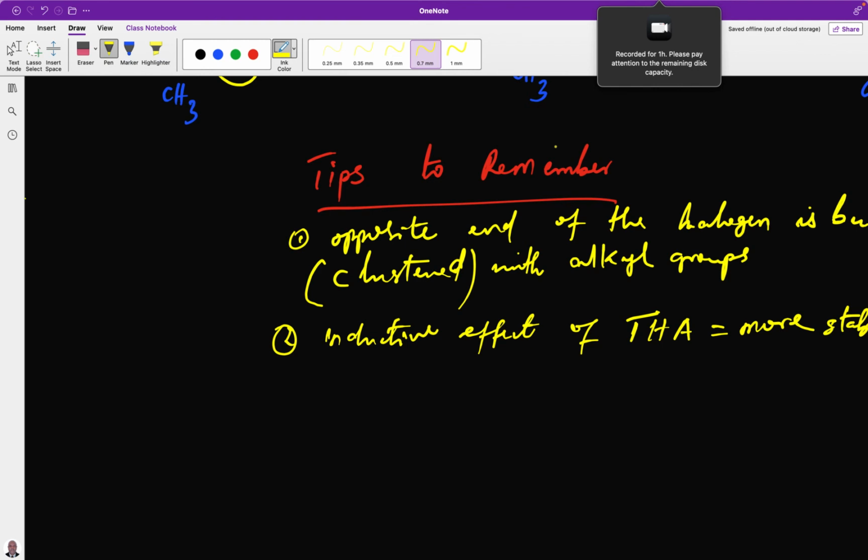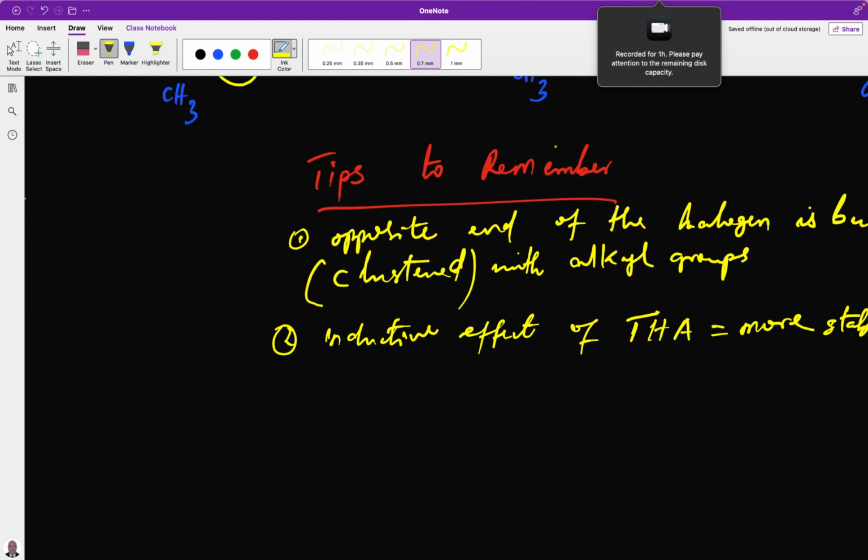Because the opposite end of a secondary halogenoalkane is not clustered. Just as in primary halogenoalkane, the opposite side of the halogen is not clustered. For that reason, a nucleophile can attack from behind, from the opposite end.